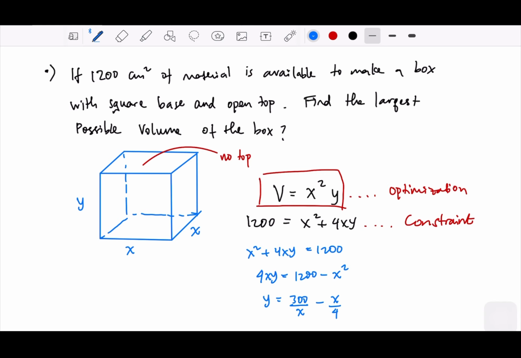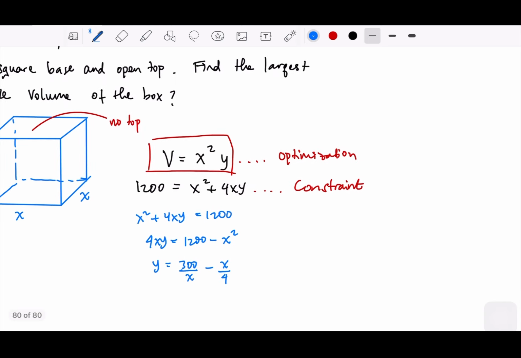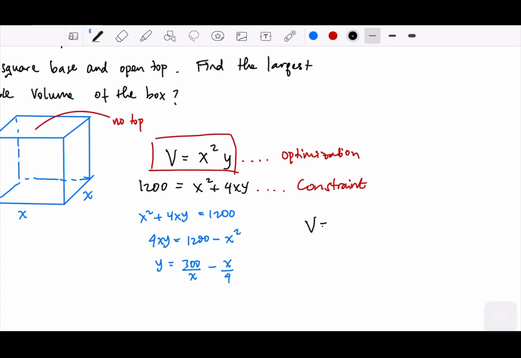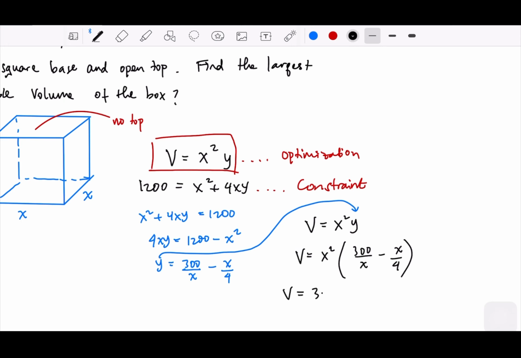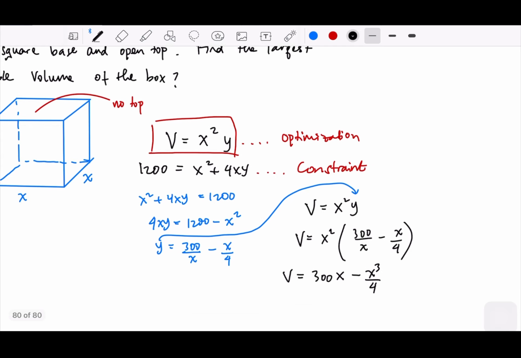And then we are going to apply this inside the x squared y. So we are going to exchange y with this expression in x, so we can get all one variable. Okay, all one variable. So we will have 300x minus x cubed over 4.